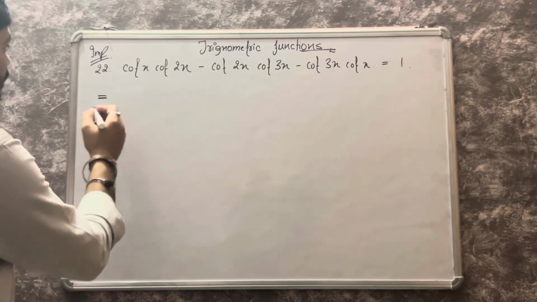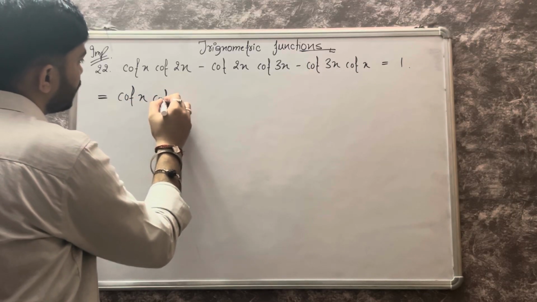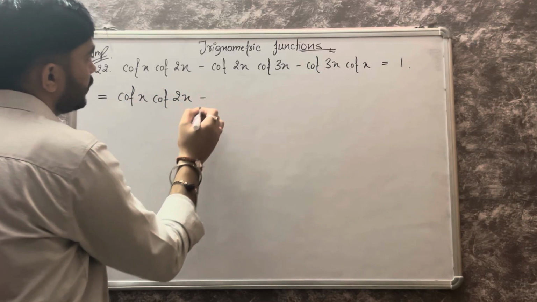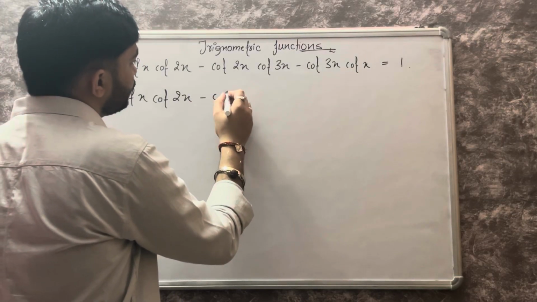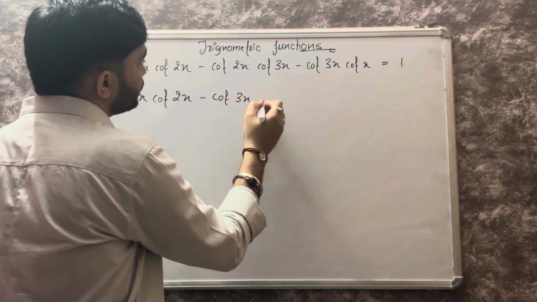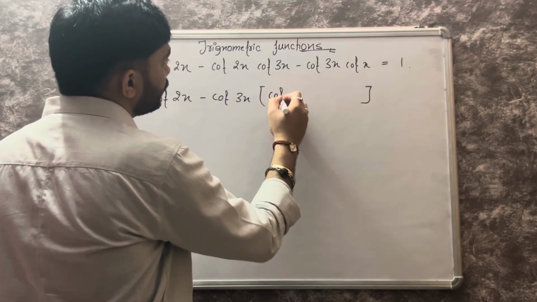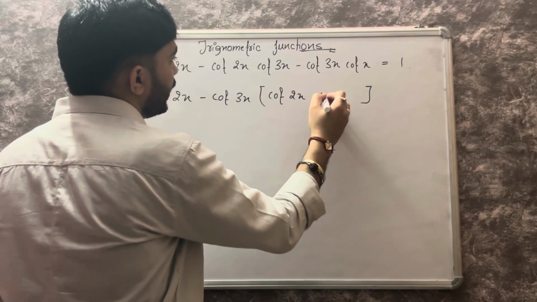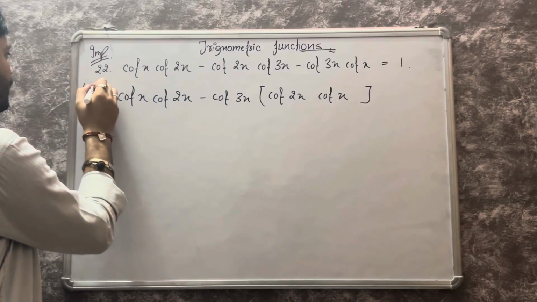So we will get cot x cot 2x minus, taking minus as common, cot 3x as well. So you are left with cot 2x plus cot x. This is the left hand side.